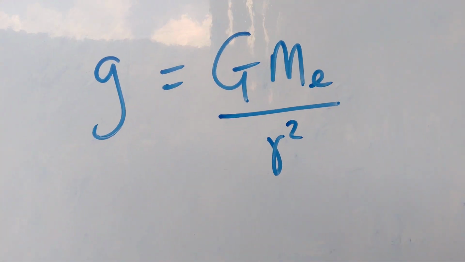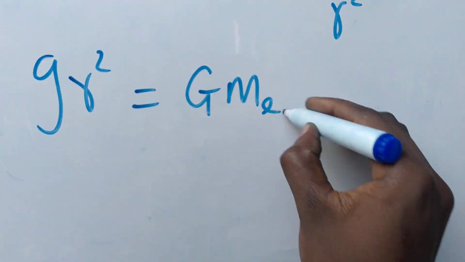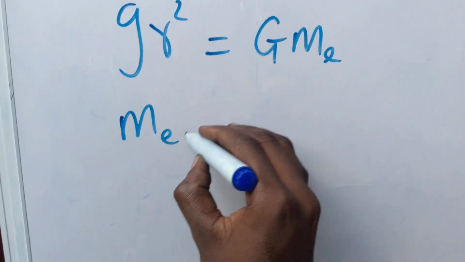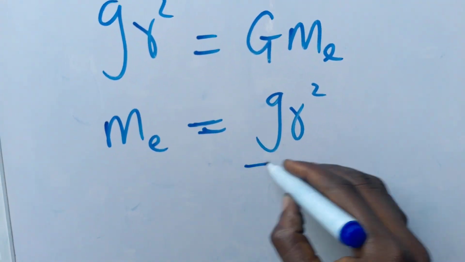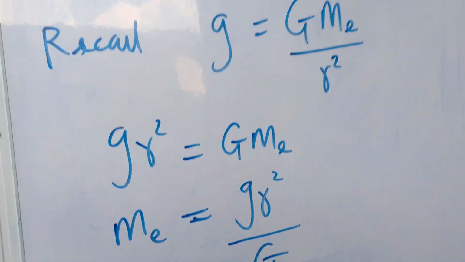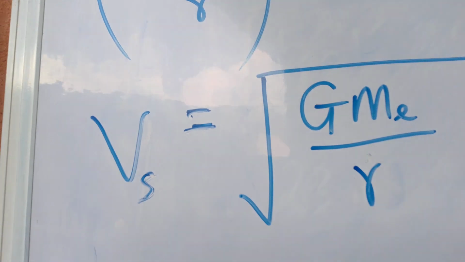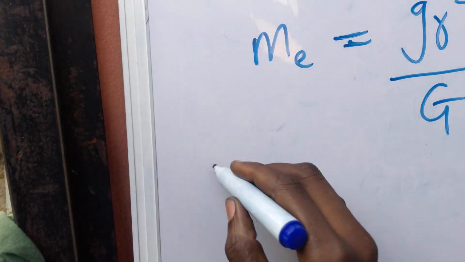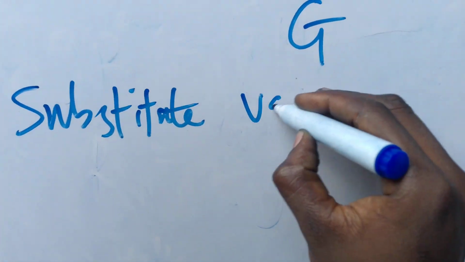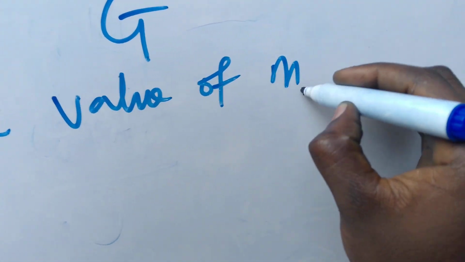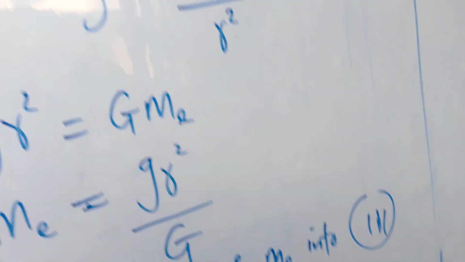If I make ME the subject of the formula, g R squared equals G ME, so ME equals g R squared divided by capital G. So if I substitute the value of ME into equation 3, equation 3 now will change.